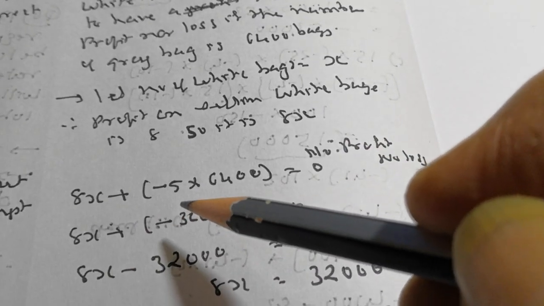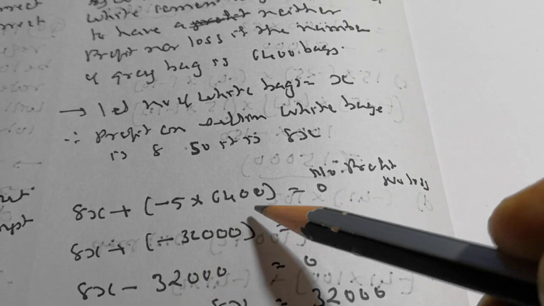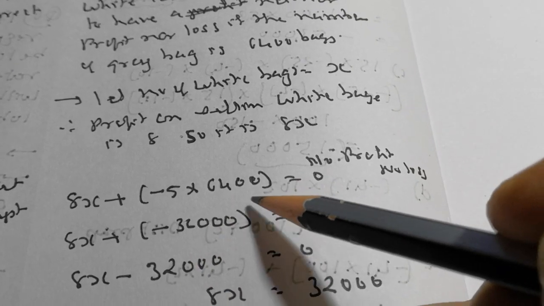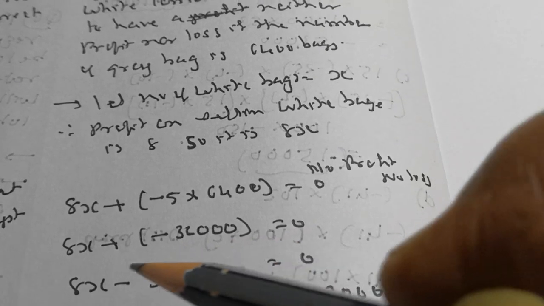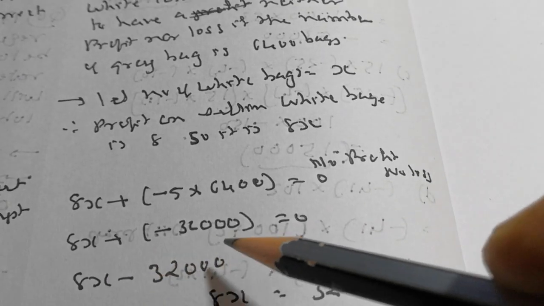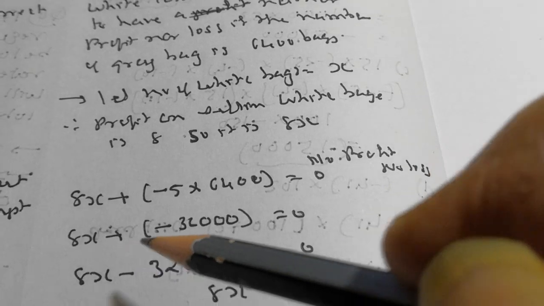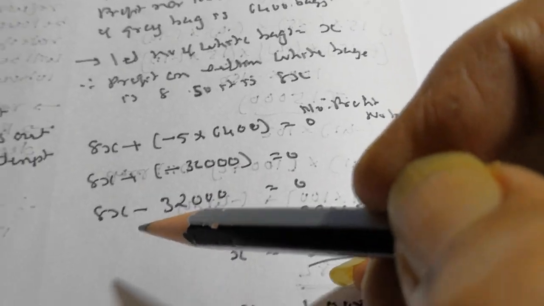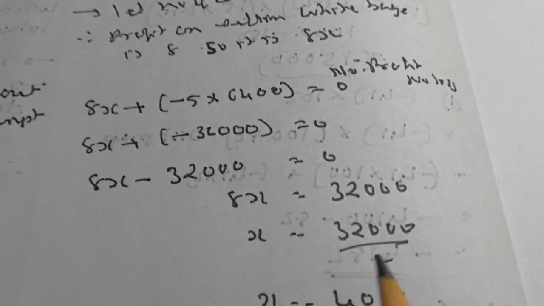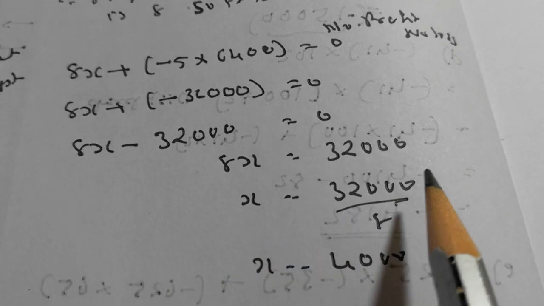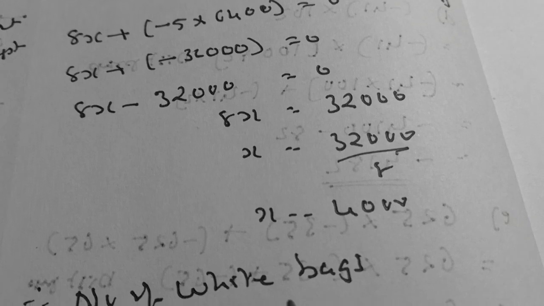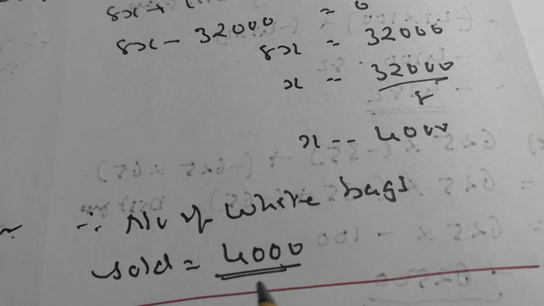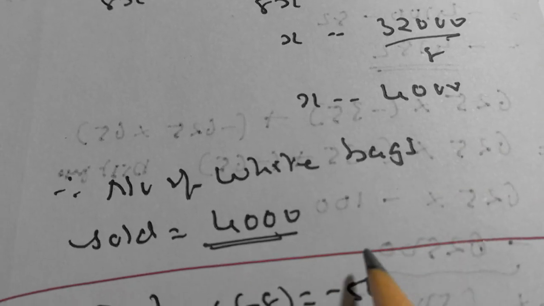So for white bags, it is 8x plus -5 into 6400 bags, because this is grey cement and there is a loss of 5 rupees. So there will be a loss of 32,000. So 8x plus -32,000 is equal to 0. Plus of minus is minus. So 8x minus 32,000 is 0. 8x is equal to 32,000. So x is equal to 32,000 divided by 8. So x is equal to 4,000. That means the number of white bags sold is equal to 4,000.